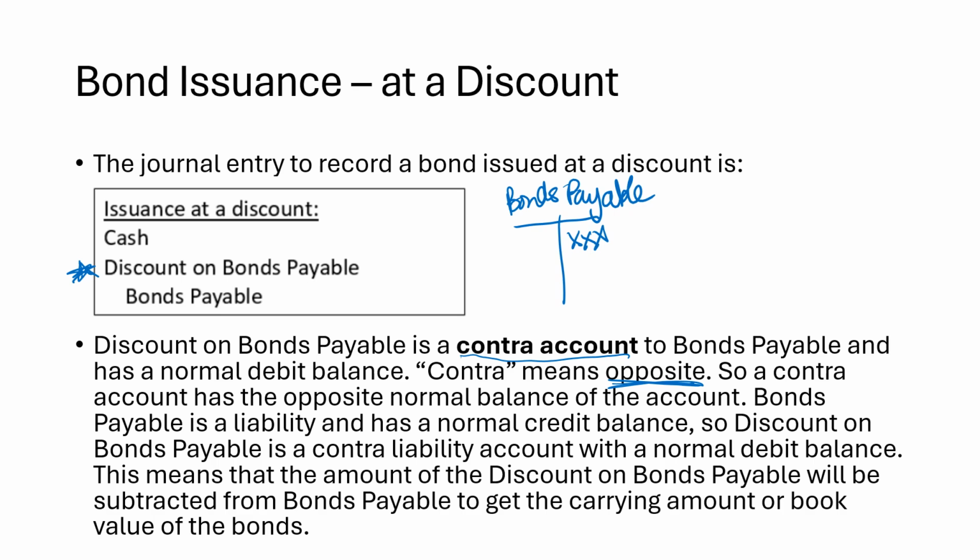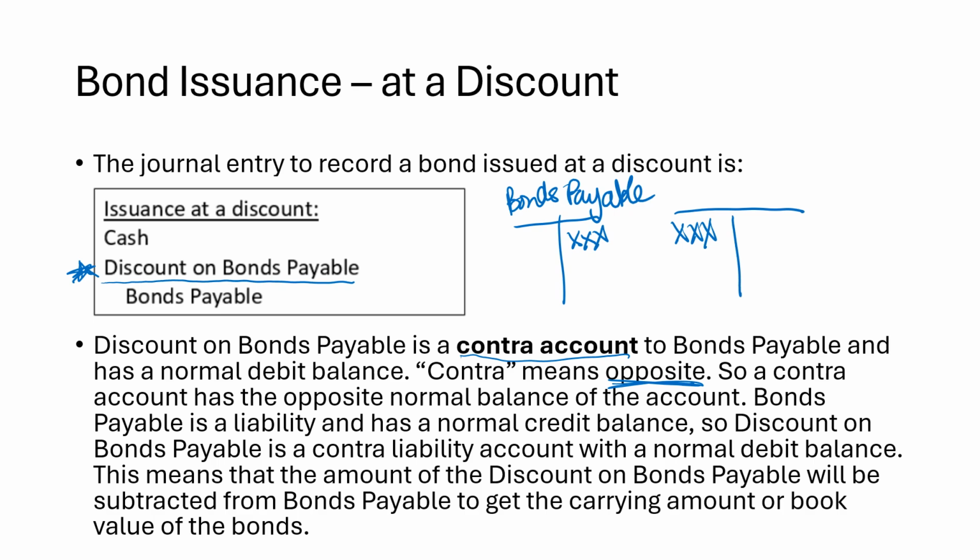So since discount on bonds payable is a contra liability account, it has a normal debit balance. So that is why we debit discount on bonds payable when we record a discounted bond issuance. And I think I explained most of this down here if you need a little bit more in-depth detail about that.